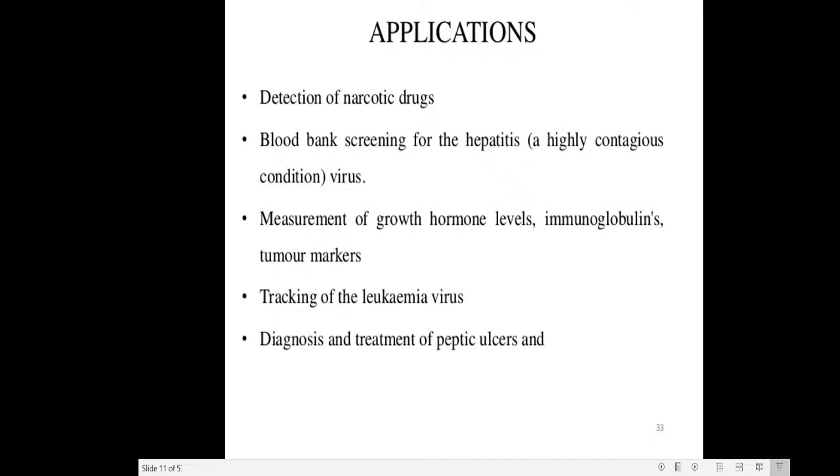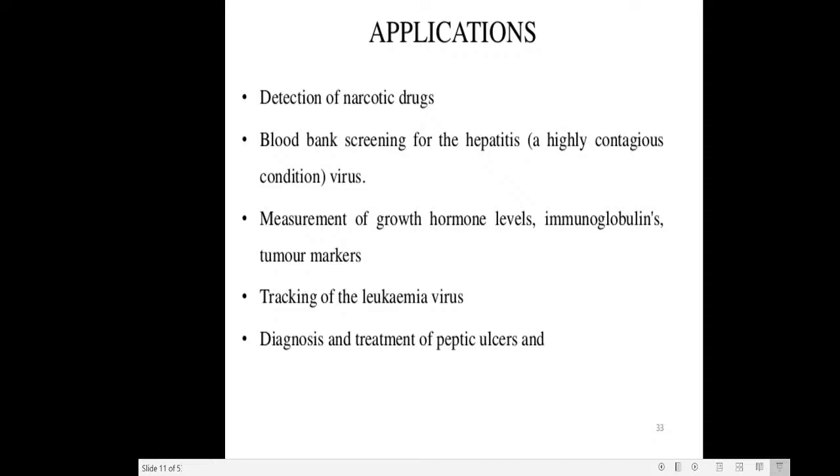Apart from the previous basic ones, there are advanced applications: the detection of narcotic drugs and blood bank screening of hepatitis. Hepatitis virus has a specific antibody against that virus. So using those antibodies and the addition of antigen, we can find out and screen the blood, and measure growth hormone level and globulin, and tumor markers in tumors. They have different detection techniques.